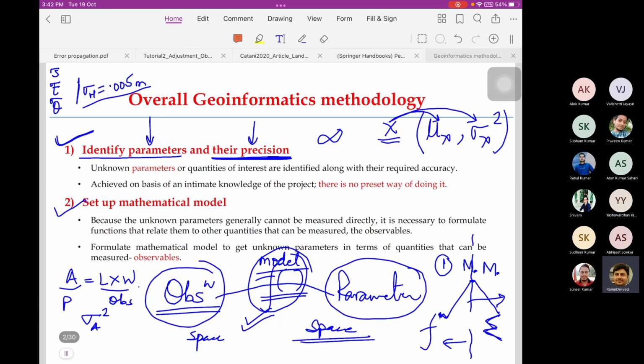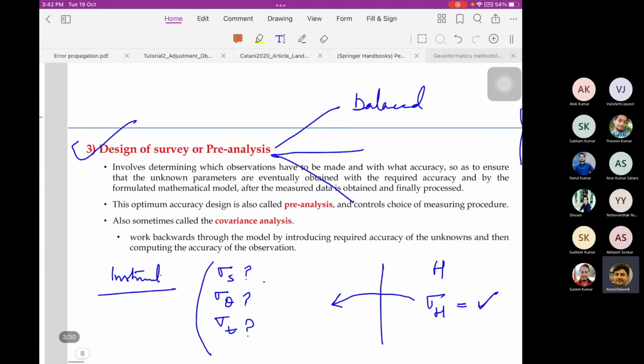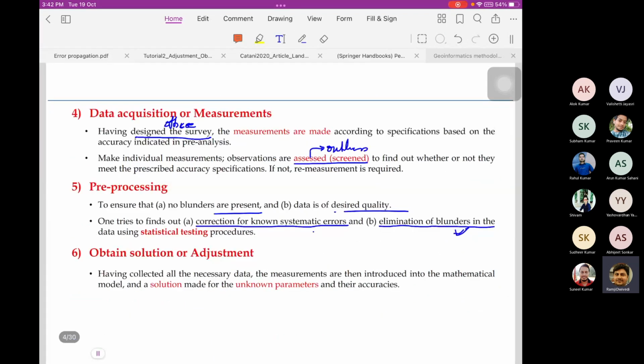The reason is the name adjustment suggests that in the adjustment you are not only finding the values or estimating the parameter, you are also reducing the errors in your observables.